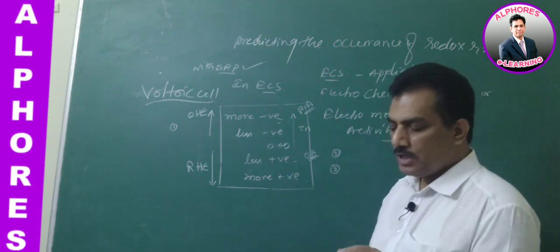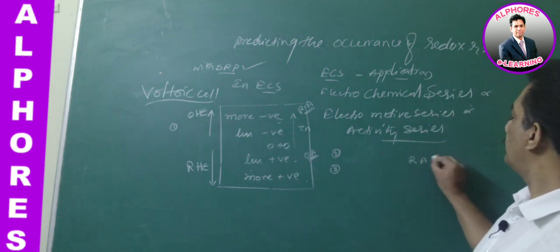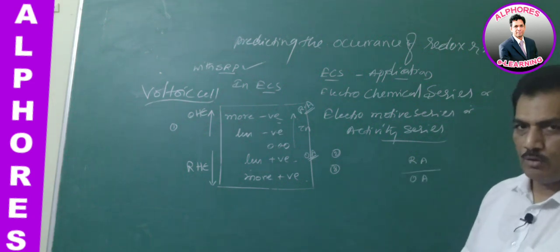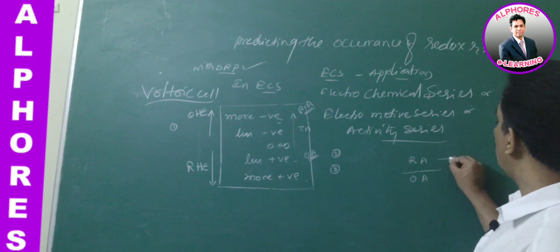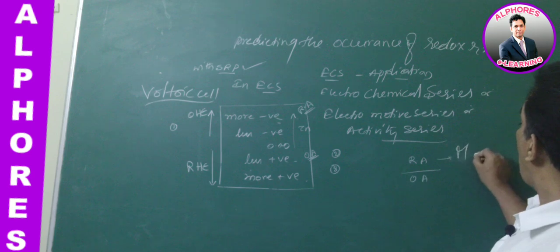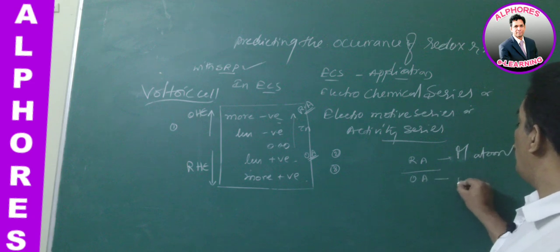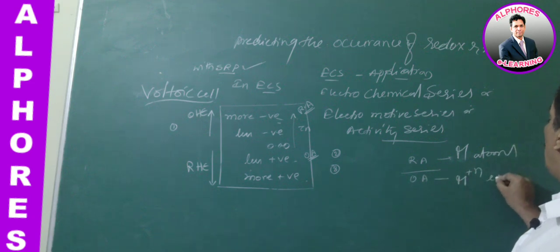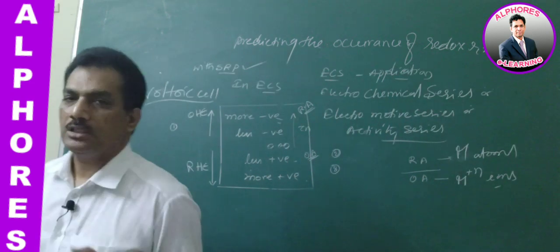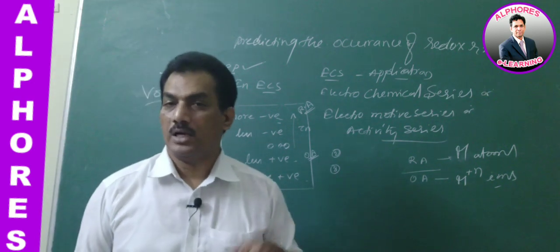Here we require a little more discussion, because reducing nature and oxidizing nature are for the same metal. But remember, reducing nature is related to metal atoms, whereas oxidizing nature is related to metal ions. We already discussed it in previous sessions: reducing nature is electron releasing tendency, and oxidizing nature is electron attracting tendency.